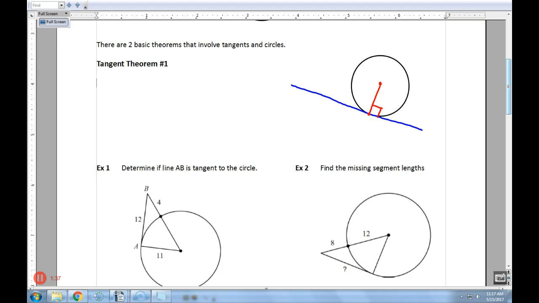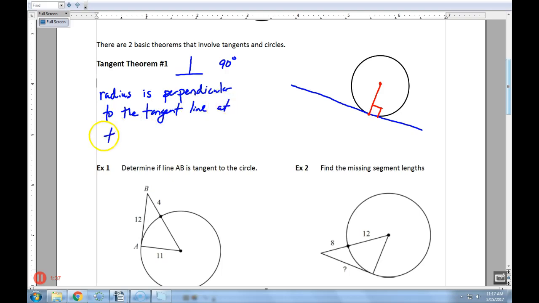So let's draw that over here. This theorem has to do with perpendicular, or 90 degrees. A radius is perpendicular to the tangent line at the point of tangency.